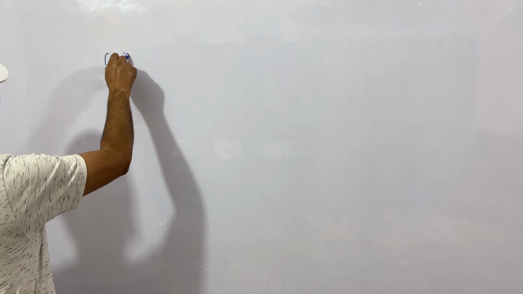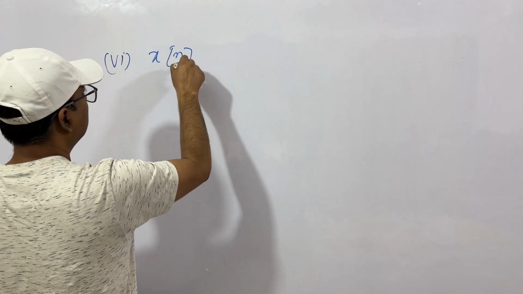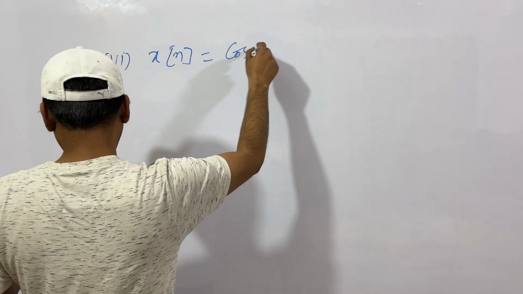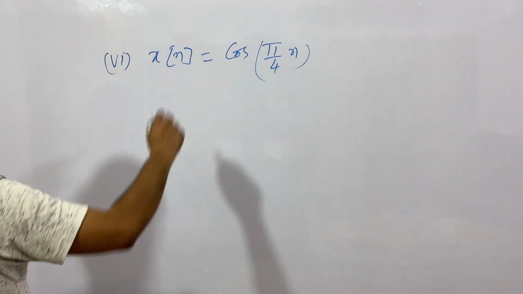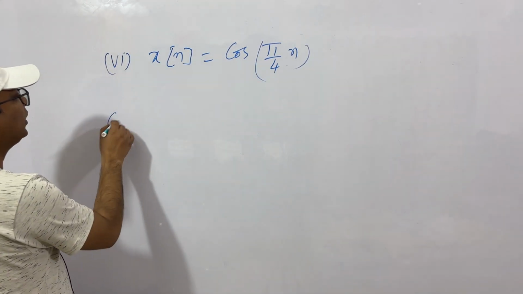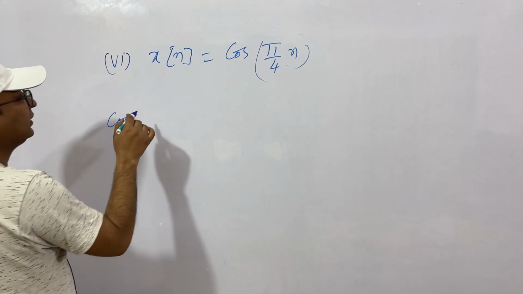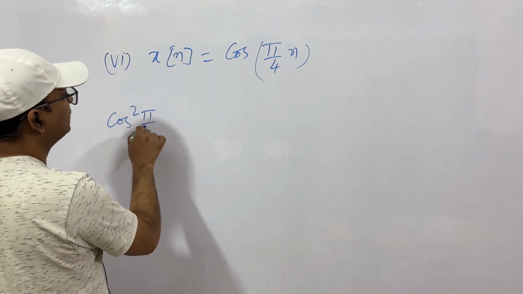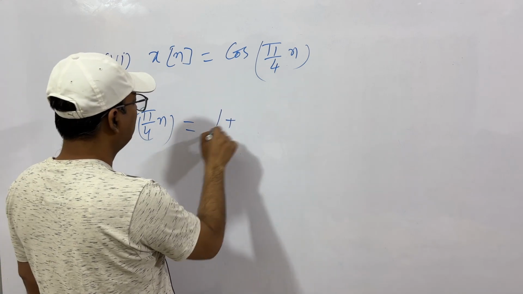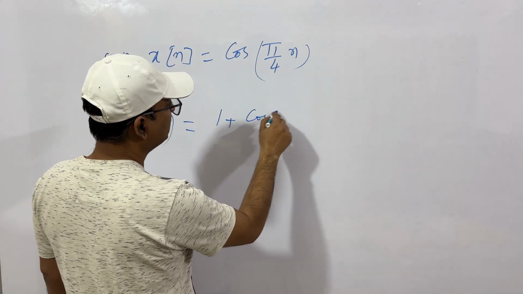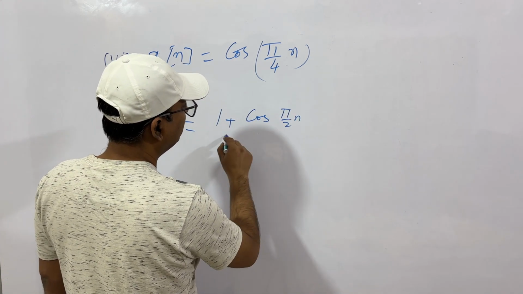Our next, the sixth one, is x[n] given by cos(pi by 4 n). When you take the square of this, because you have to take the mod and then the square, it will be cos square, which is 1 by 2 times (1 plus cos(pi by 2 n)).